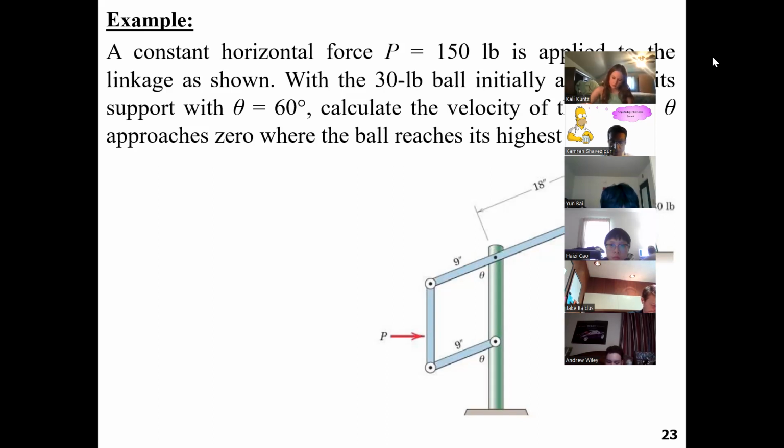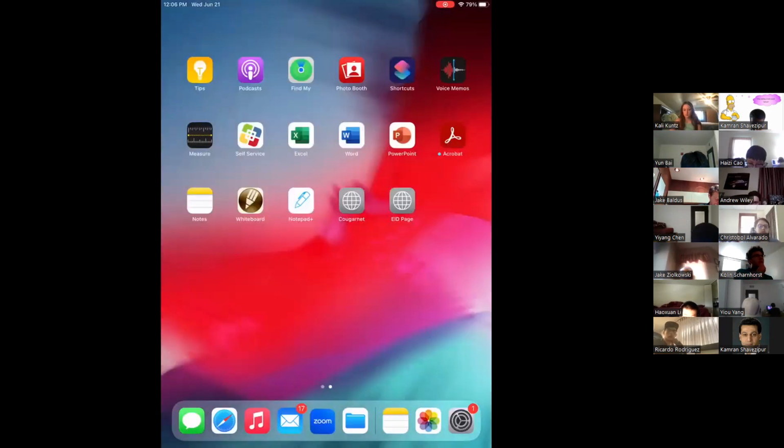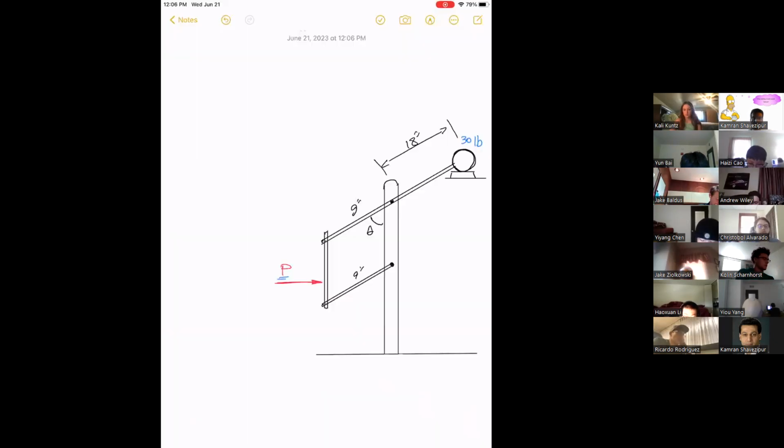Now, let's switch to the slides, to the tablet. This is how the problem looks, right?